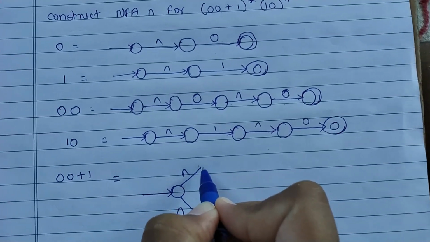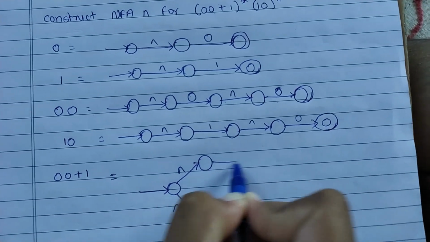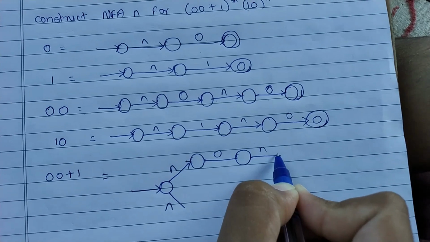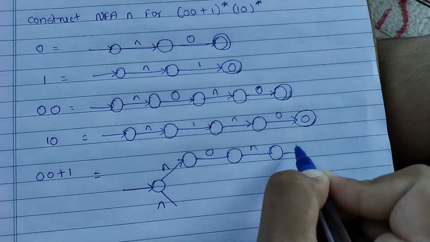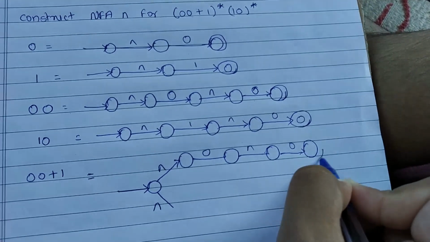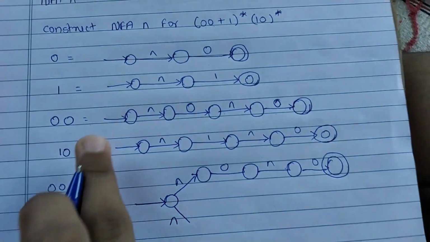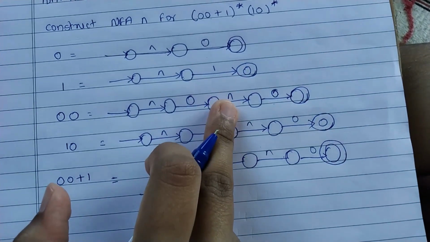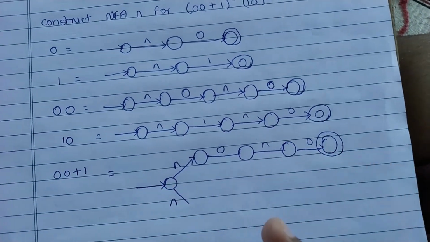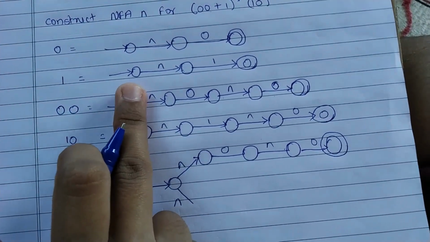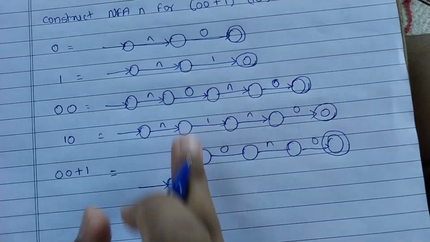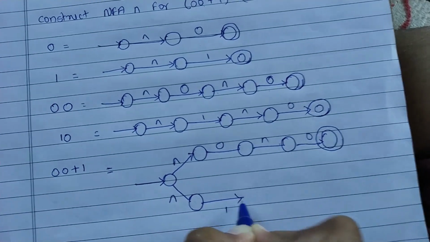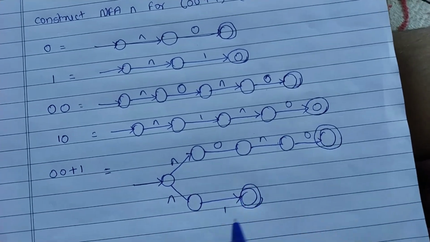Then this 0 0 starts from this: 0, null value, and again 0, and here is the acceptance. First null value, here is also null value, 0 0, null null, 0 0, and acceptance state. Same for 1. So 1 we draw like this. Here first we write null value, then one state, then 1, and this is the acceptance state.